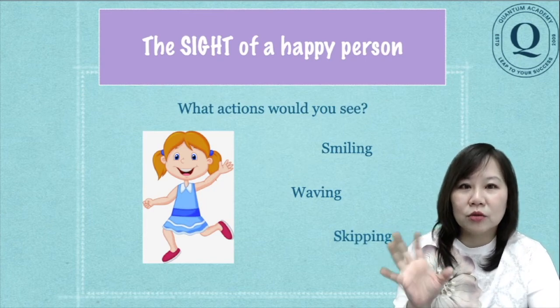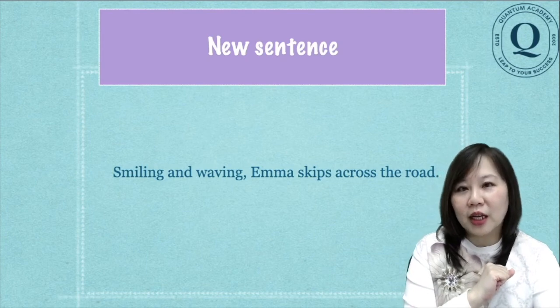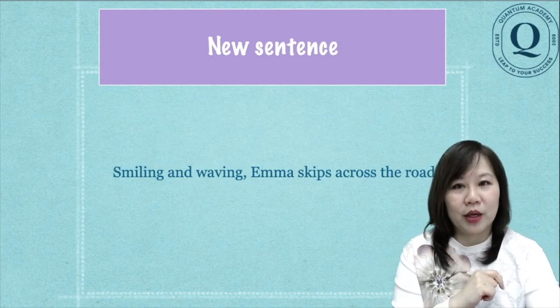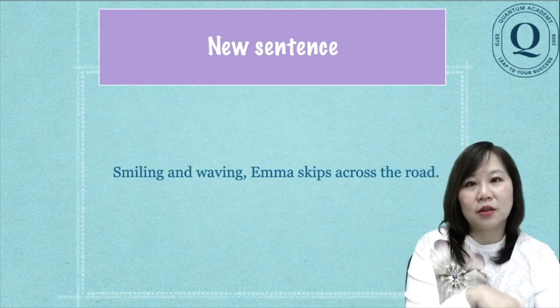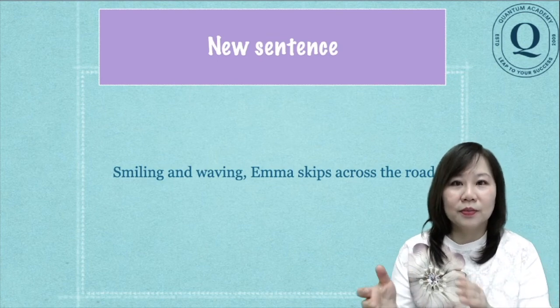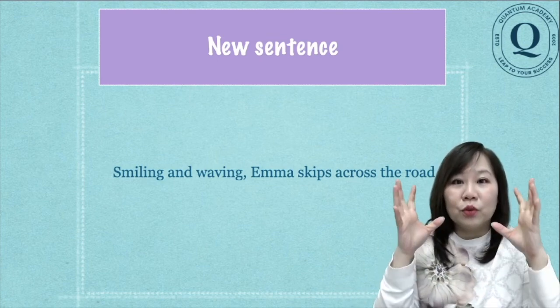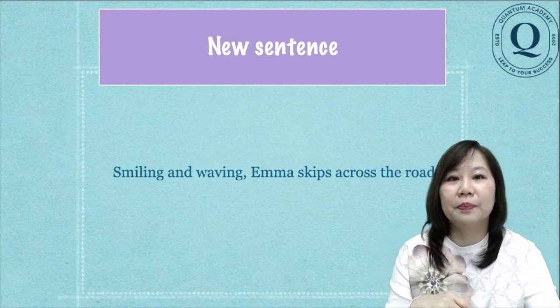You can incorporate a couple, or skillfully, depending on how strong your writing is, you can incorporate all three. So, smiling and waving, Emma skips across the road. So that gives you the imagery of a really happy little girl. So very, very visual, because we use the sight sense here to describe.